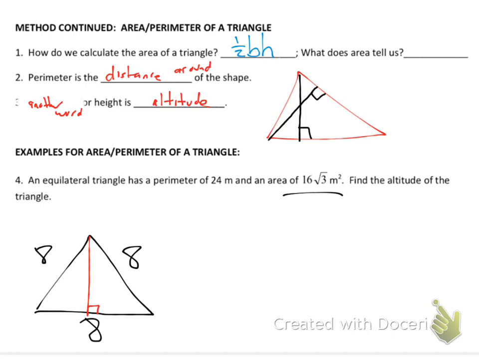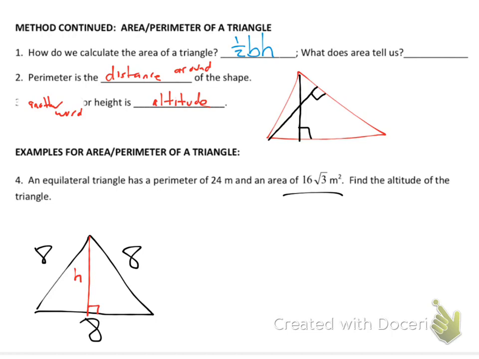And since I don't know the altitude, aka height, I'm going to call it h. Would that be acceptable? H for height? And what's the last piece of information they gave us? I underlined it. Okay. The piece of information they gave us that helps us put all of this together is 16 square root of 3. But that is the area.